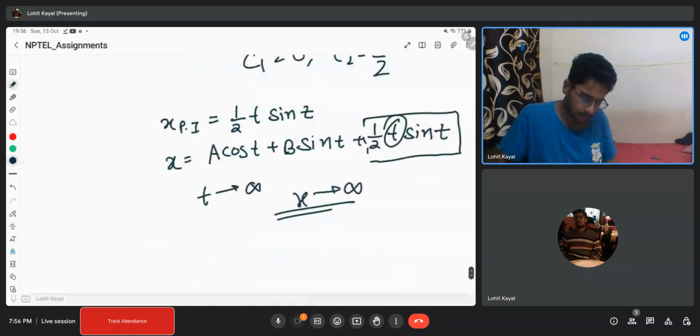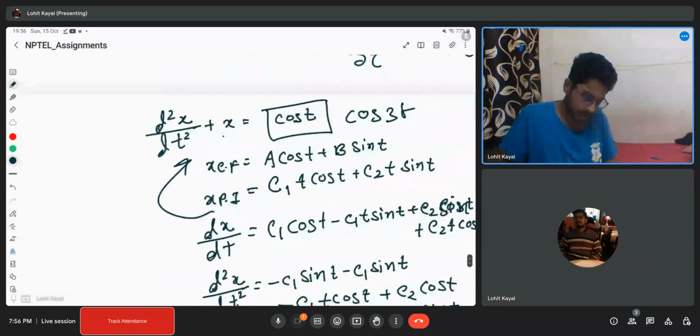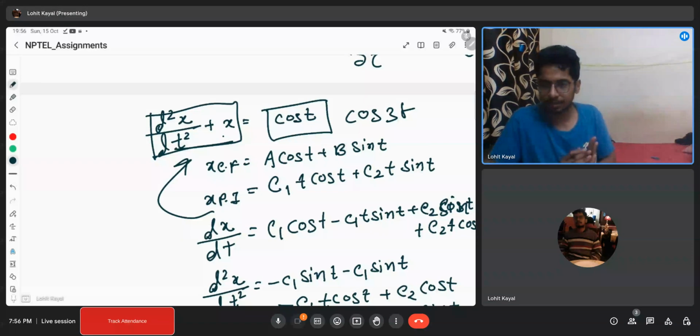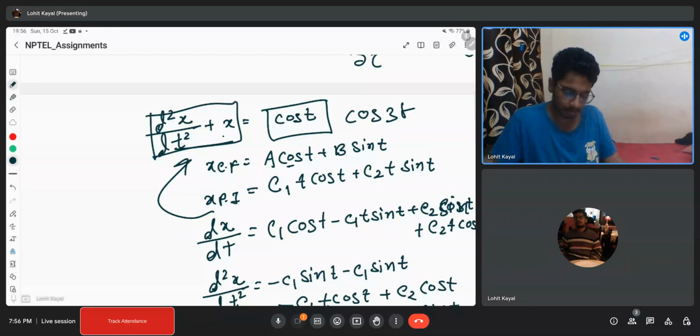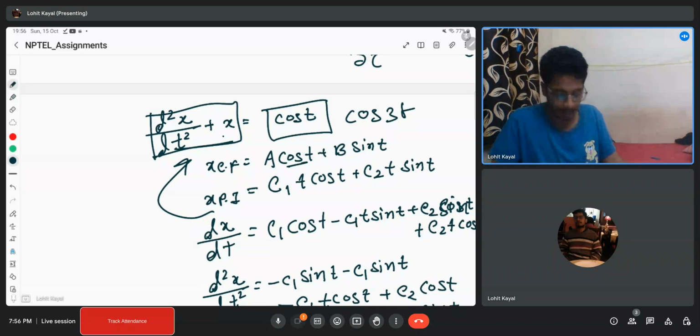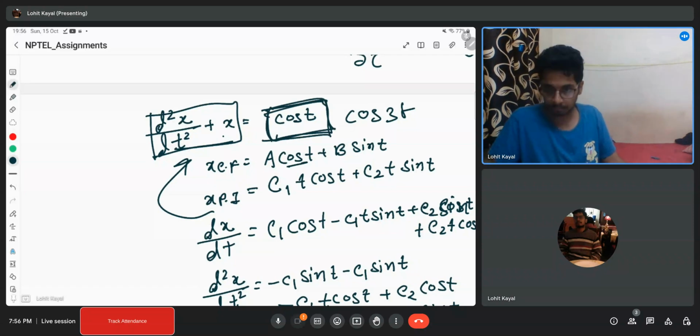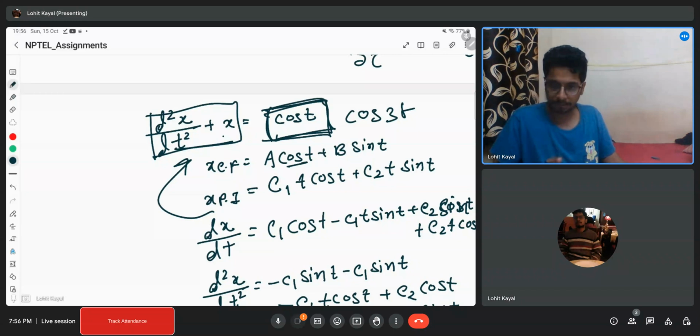The problem appears because the complementary function of this equation is also of the form cos t and sin t, and the non-homogeneous term is similar.